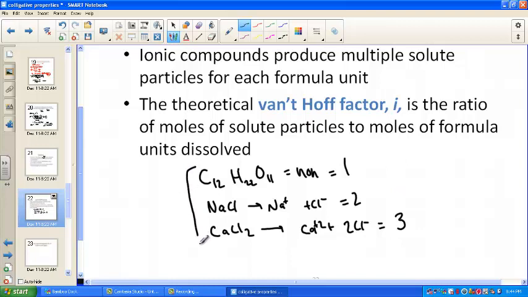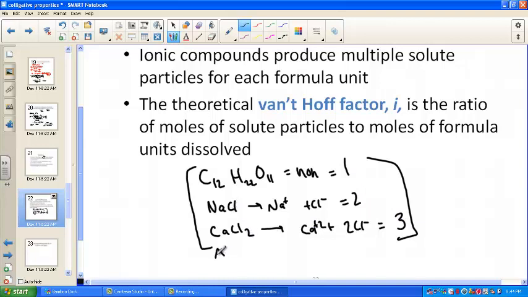Colligative properties say it doesn't matter what you put in, it matters the amount you put in. And therefore, these ionic compounds have a greater effect on the boiling points and freezing points than molecular compounds, simply because they give me more bang for the buck. They give me more particles for each amount of salt I put in.